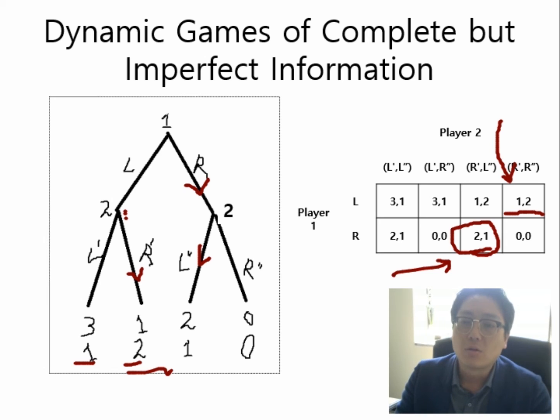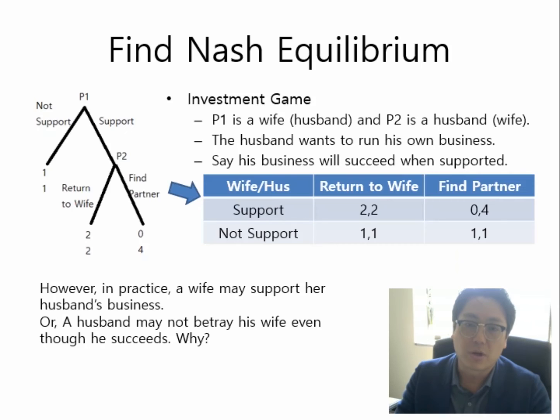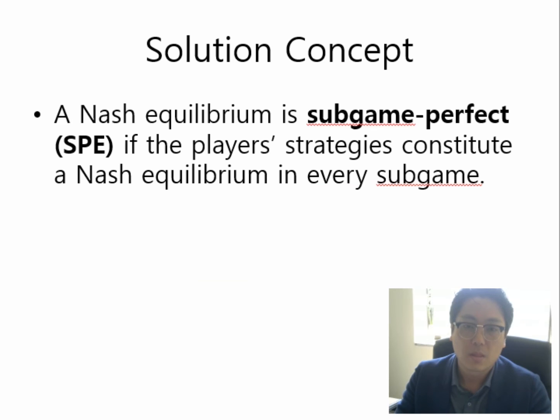So another concept is created, that is subgame perfect Nash equilibrium. Among Nash equilibria, some will be subgame perfect Nash equilibria, if the players' strategy constitutes a Nash equilibrium in every subgame. What is a subgame?